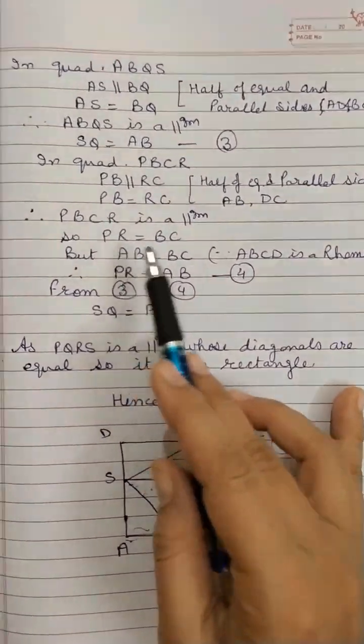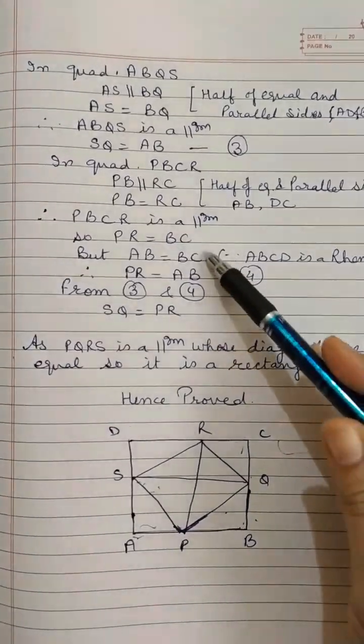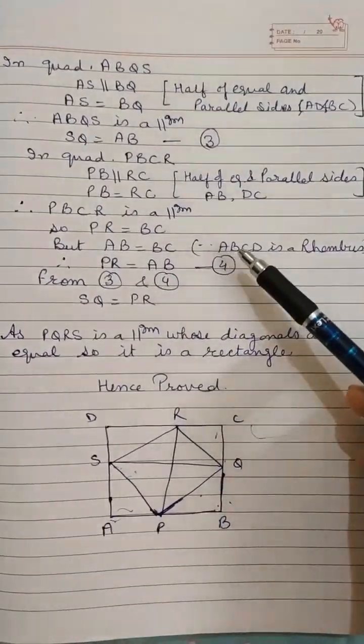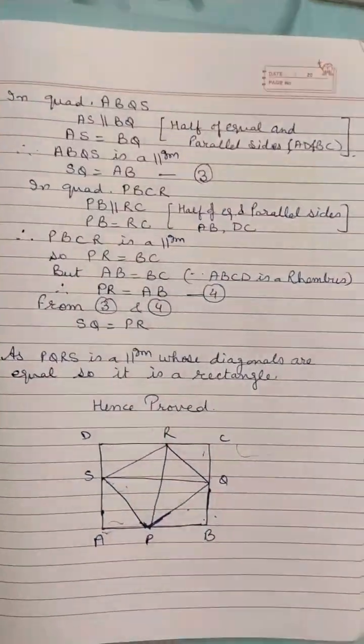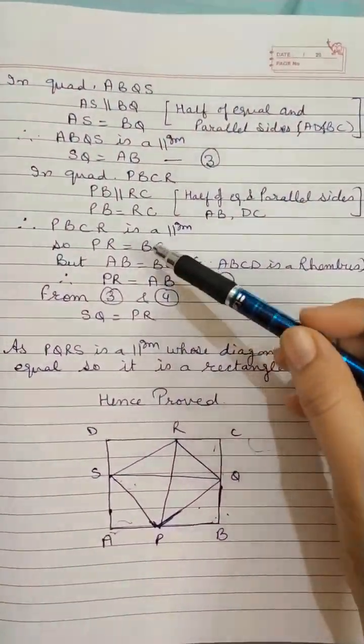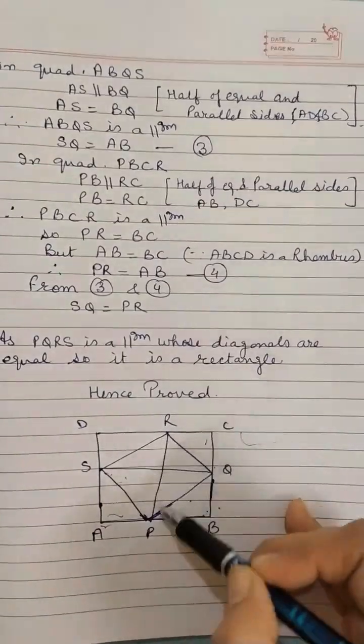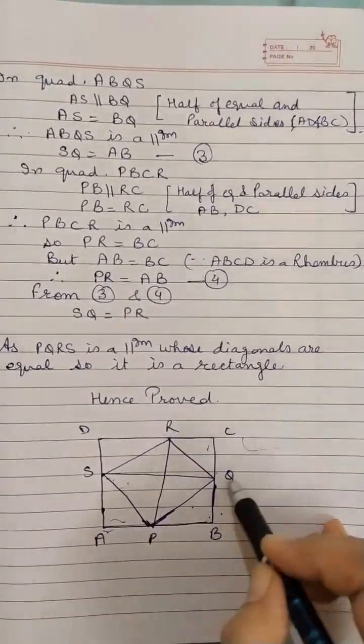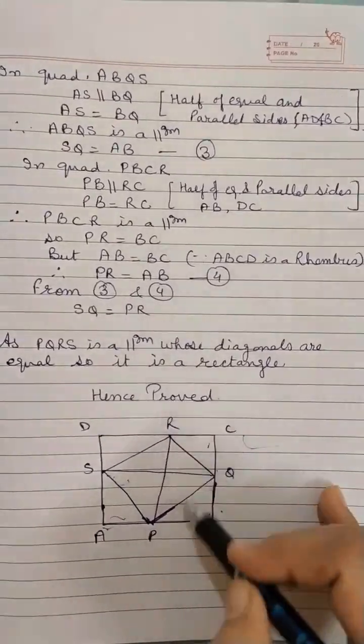So PR will be equal to BC. We have proved here that PR is equal to BC. But BC is equal to AB because it is a rhombus. It was given that ABCD is a rhombus.